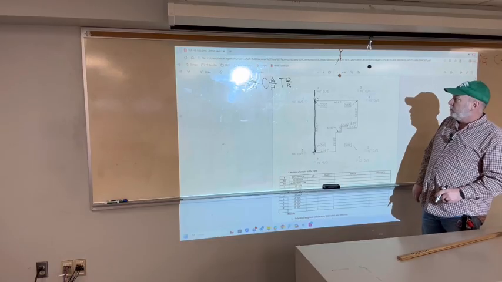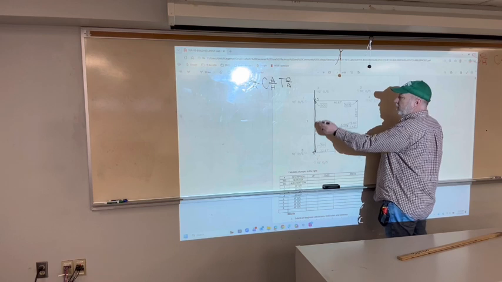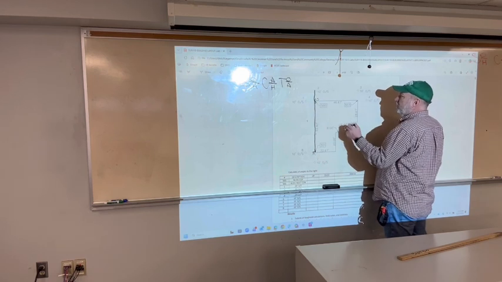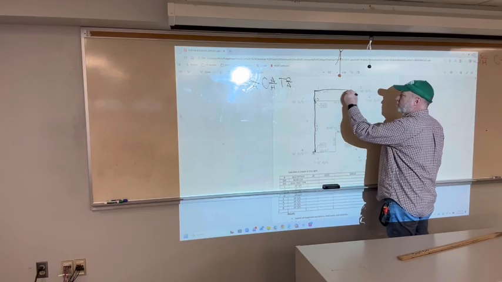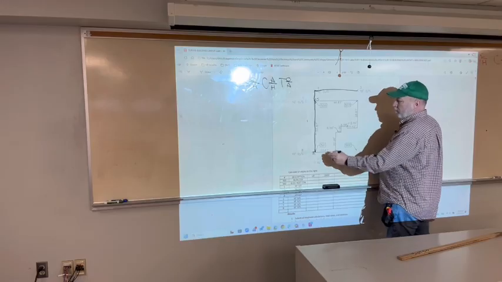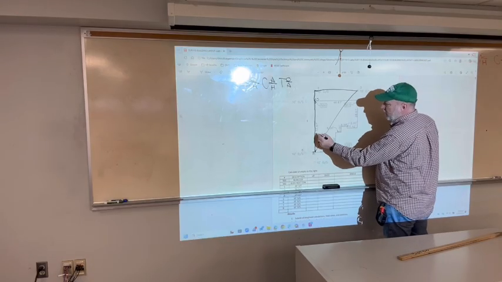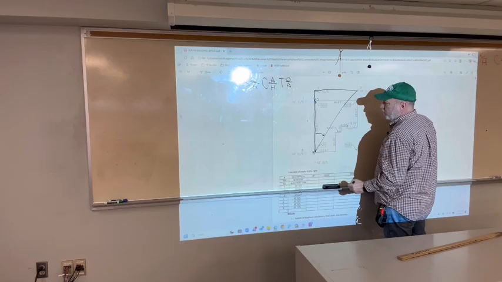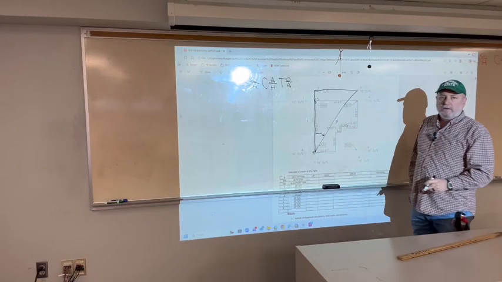To calculate point number three, we know the length of our building plus 10 feet. We know the overall length of this building. So what would be the angle you would turn, and what would be the distance you would go from this point to get to that offset?